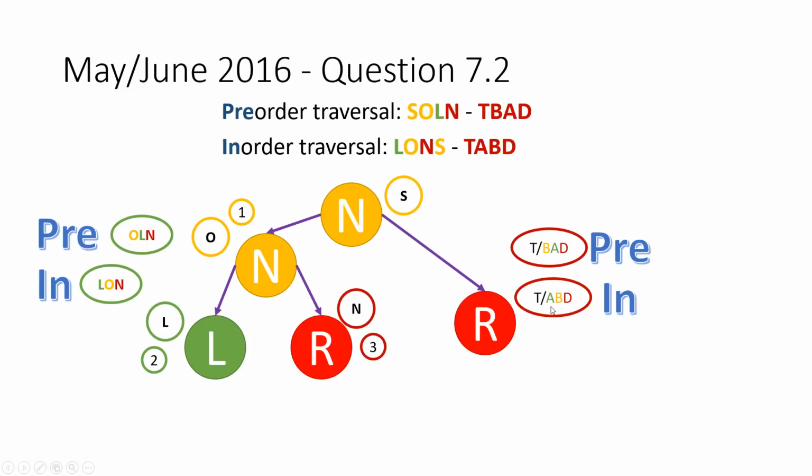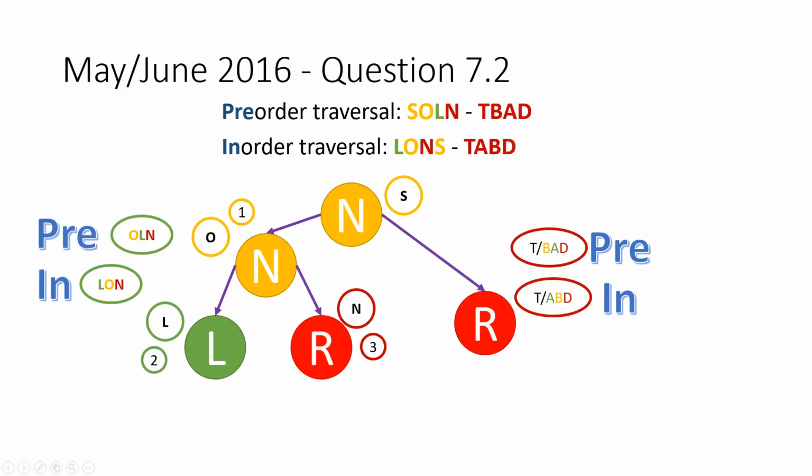So now I know that A needs to be on the left-hand side of B, and on the right-hand side of B is the D side. Okay. So I was looking at it and I thought, oh, okay, well, T is common in both of them. So there's obviously no other elements. So that T must be a root, another root node.